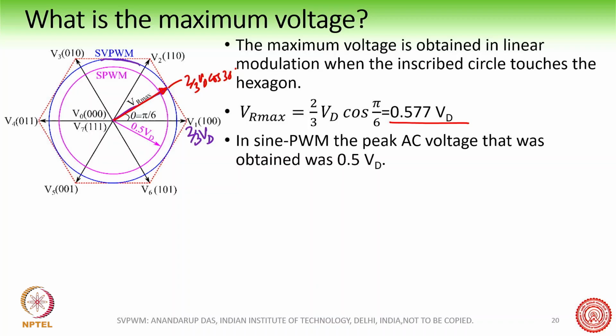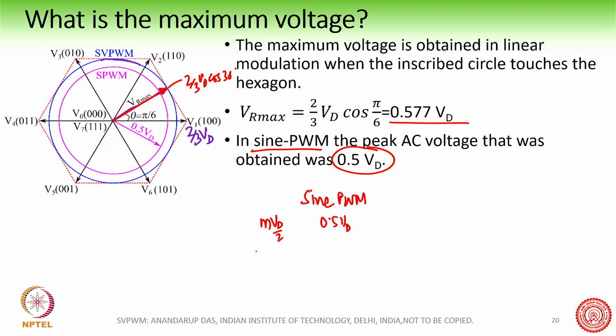Note that in sine PWM, the peak AC voltage that was obtained was 0.5 VD, which we said is m VD by 2.